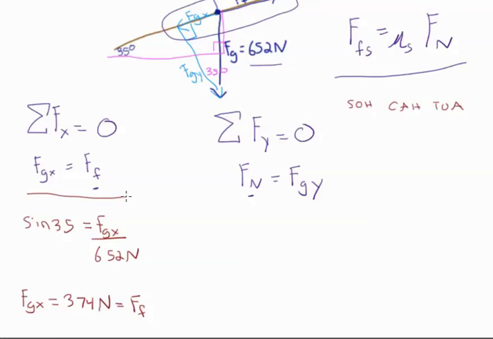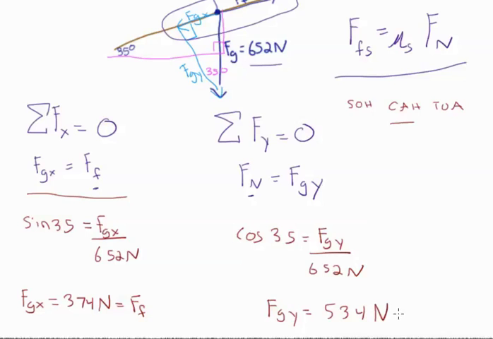To get our y, we see that it is adjacent, so we will do cosine of theta equals adjacent over hypotenuse. So we get that the y component of our weight is equal to 534 newtons, which is also equal to our normal force. And now we have the information we need to plug into this equation.